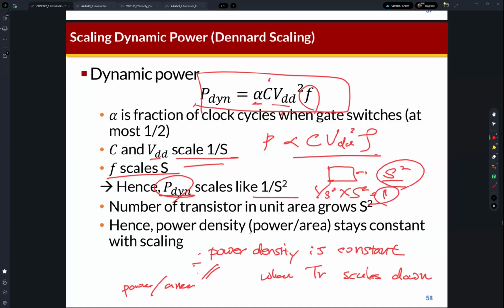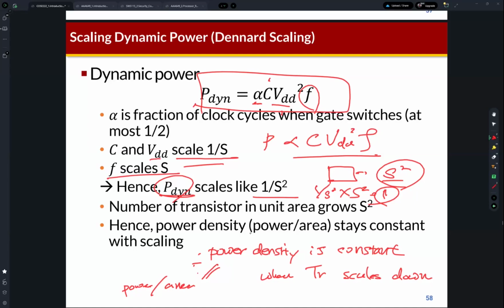Okay, so Dennard scaling explained that. If we can reduce the size of the transistor by S, the power density is the same. Power density is constant, but we can increase the performance because we can increase the clock frequency by S.